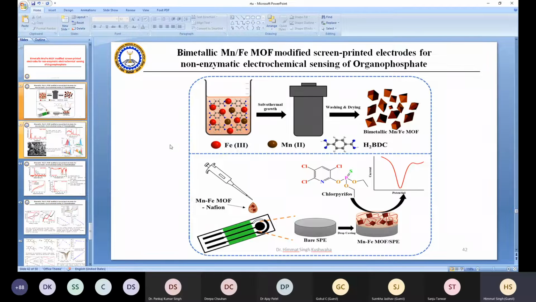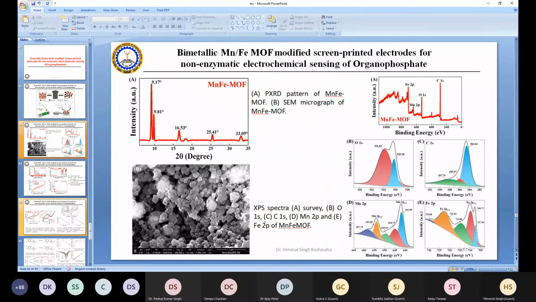These metal organic frameworks were then used to modify the active surface area of screen printed electrodes. These are the material characterizations. You can see this MnFe metal organic framework is pure, with no other impurities present.